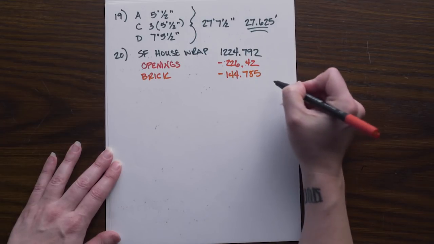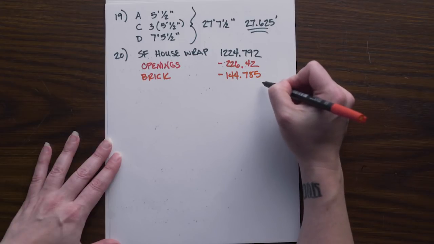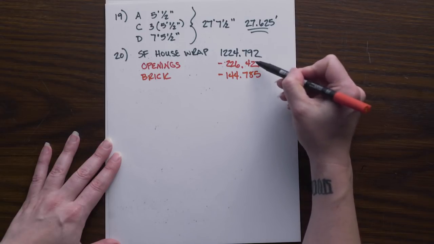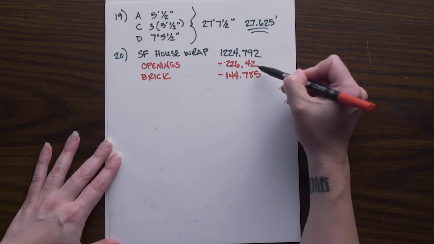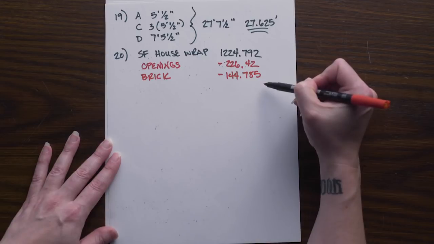We also have our brick that we calculated, and that square footage was 144.785. Make sure you don't use the number that does not include the subtractions for the openings, because if you use the 160.5 number, you'll double count the openings since we've already subtracted the openings here. So you have to use your brick number that subtracts out the openings.